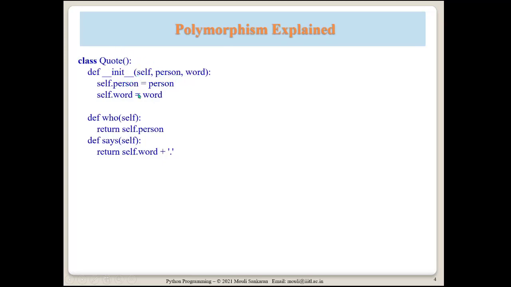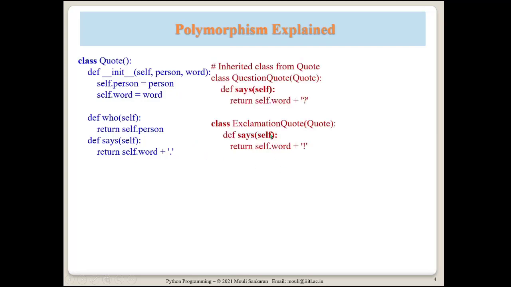A person is making a statement, it's an example from the book, and it tells whether the person is making the statement as an exclamation or a question. Is the word he is using ending with a question mark or an exclamation mark? So that's why the person and word are there, and the class name is given as Quote.